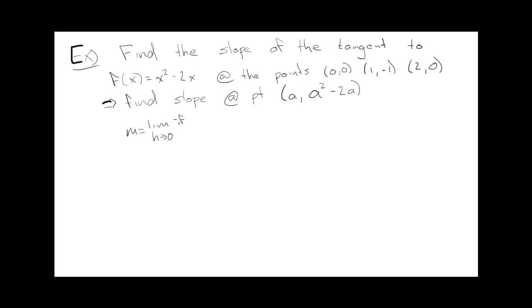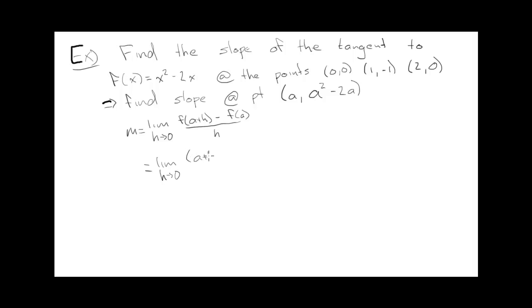So f at a plus h minus f at a, all over h. So the limit as h goes to 0. So f at a plus h is going to be a plus h in here, right?